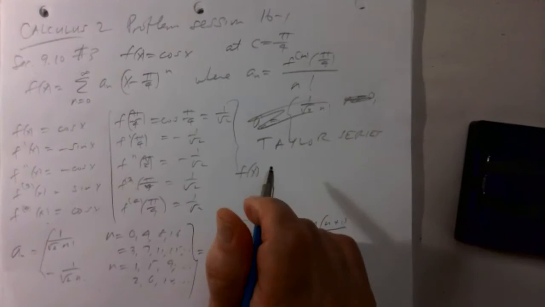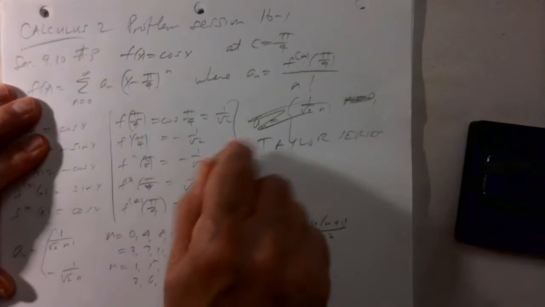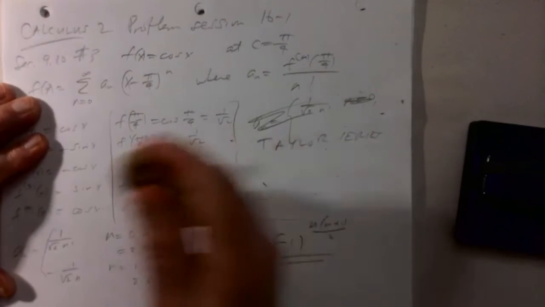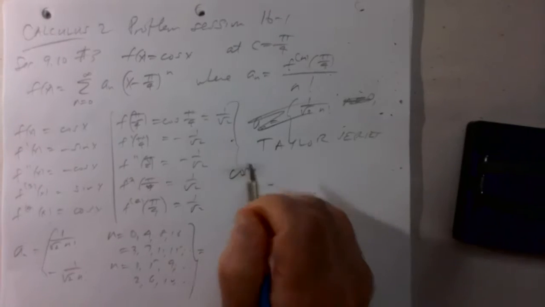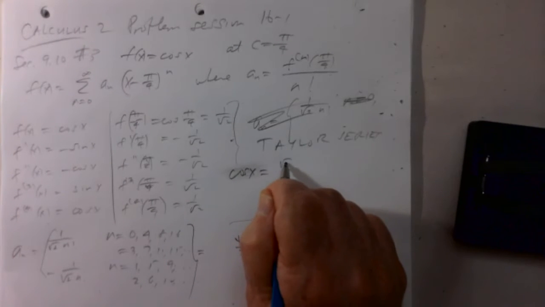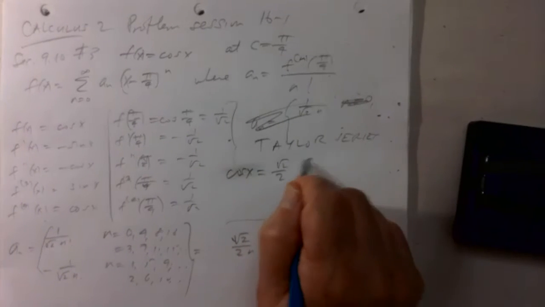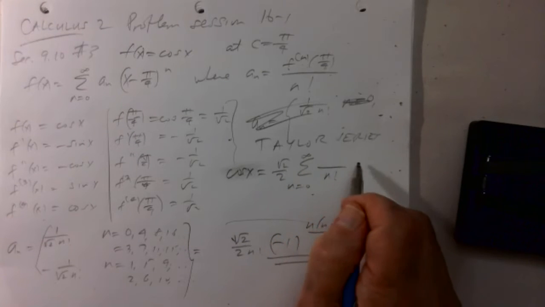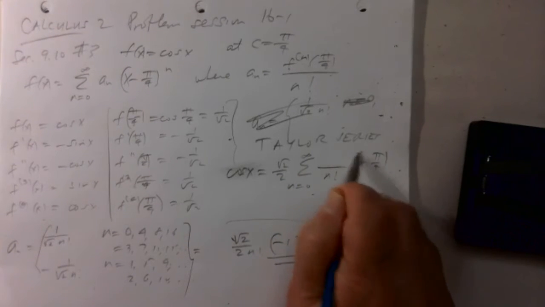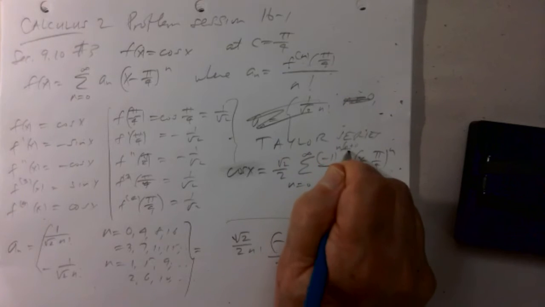f of x, or cosine x, is root 2 over 2, because that's in every term, summation n goes from 0 to infinity, you can have an n factorial and an x minus pi over 4 to the n, and this is going to be minus 1 to the n times n plus 1 over 2.